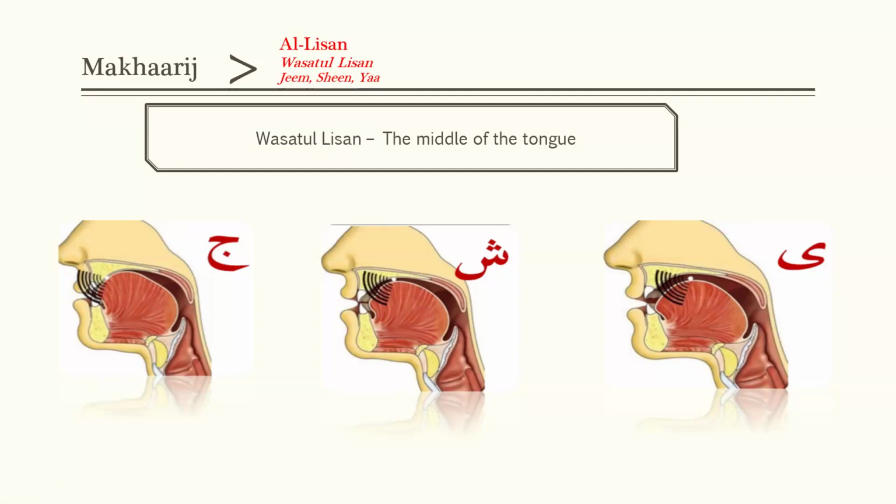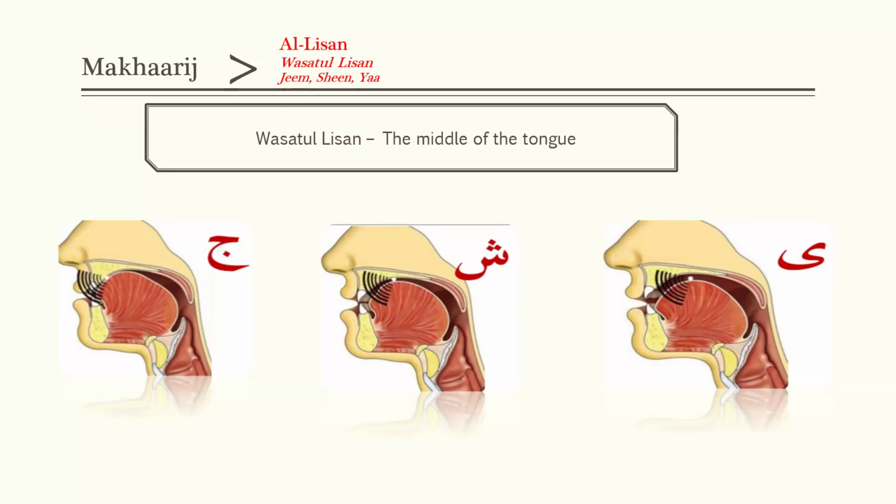And I think we make a mistake when we try to hit sometimes, because you can't really hit the middle of the tongue to the middle of the palate, and the sound of the jim and the sheen and the ya get mixed.